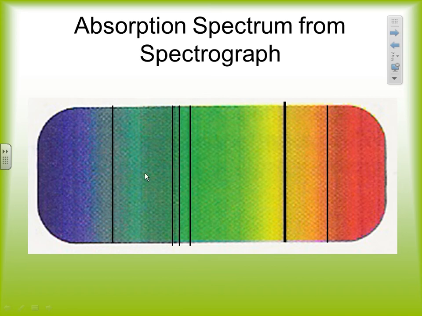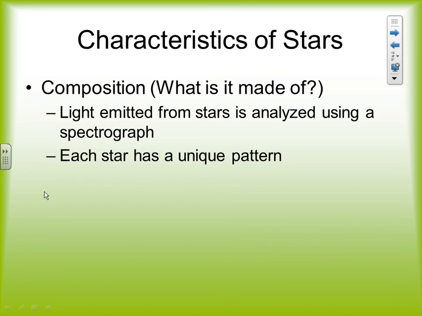But what we find out is that these certain frequencies that we pick up are the same kind of frequencies that we observe from materials here on Earth. Each star has a unique pattern that comes from the spectrograph.